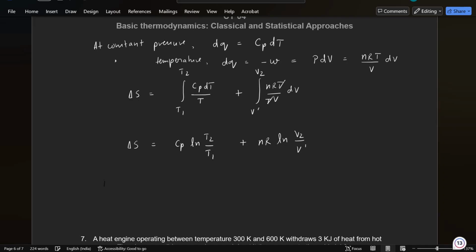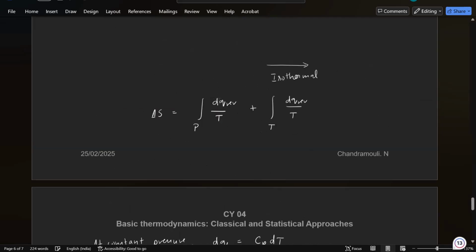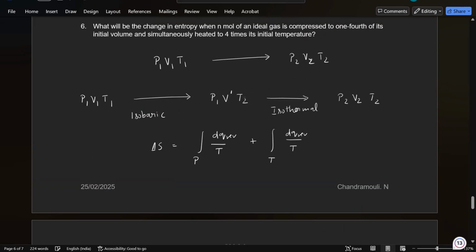From the ideal gas equation, we know P1 V1 by T1 is equal to P2 V2 by T2. What are the conditions for V dash? P1, V dash, T2.